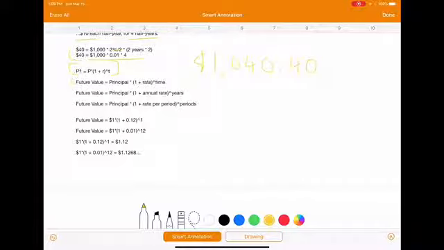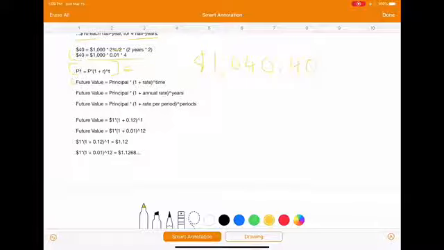So this is the general formula in symbols, and to write it out in words, you can understand that as the future value, what the investment will be worth, how much money will be in it in the future. That's P1. P is the principal, how much did you put down.